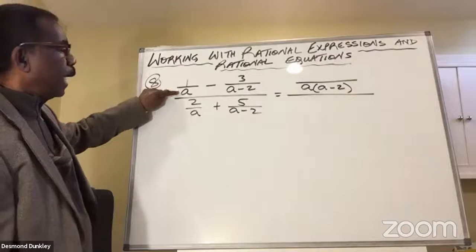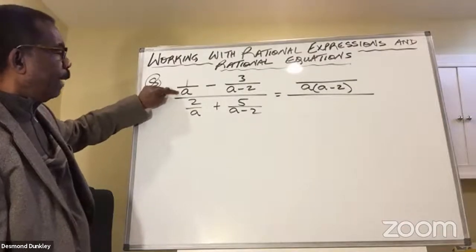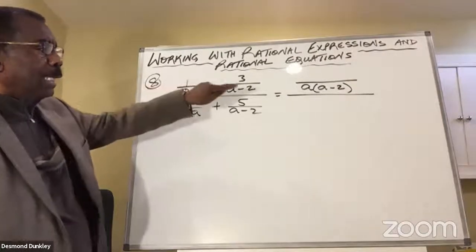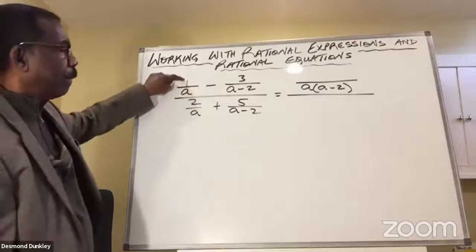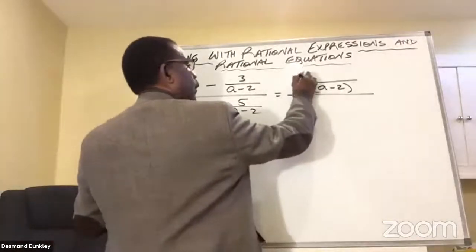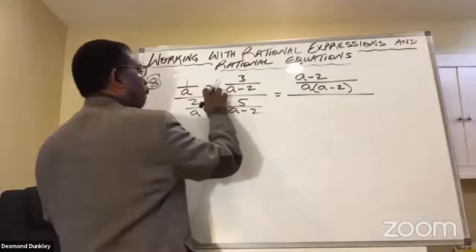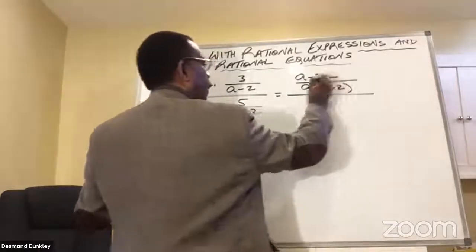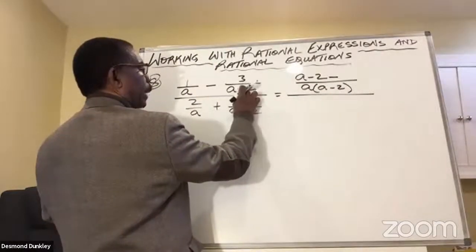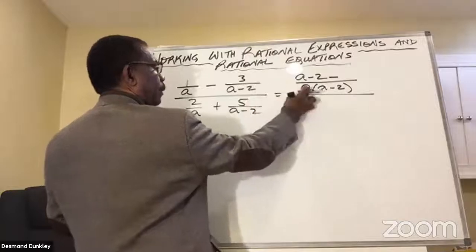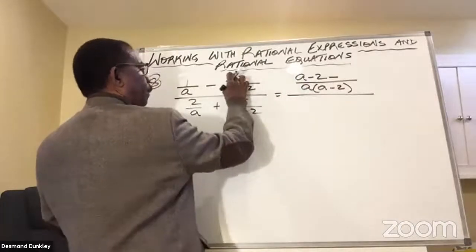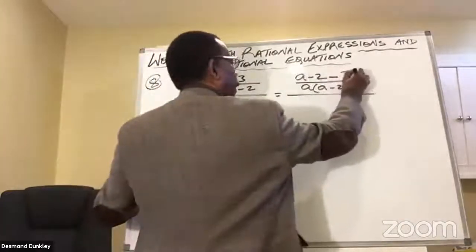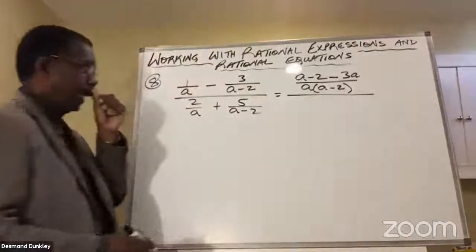Now we have to multiply this by a minus 2 to get that denominator, so we multiply the top by a minus 2. That's a minus 2, minus this; we have to multiply by a to get this denominator, so I need to multiply the top by a. I end up with 3a.